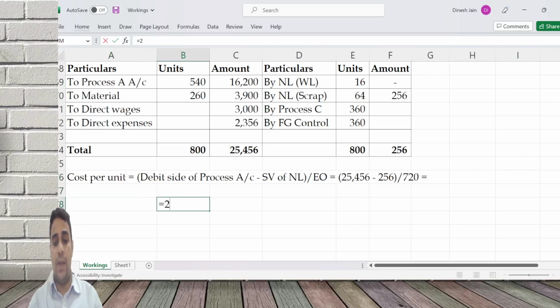No abnormal loss or gain in this question. Cost per unit is 35.